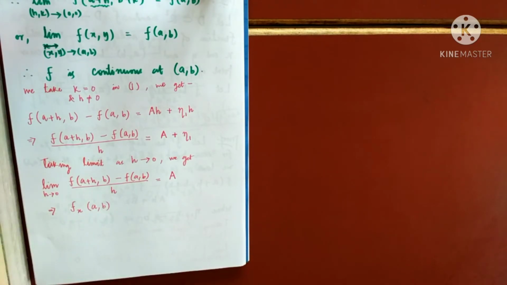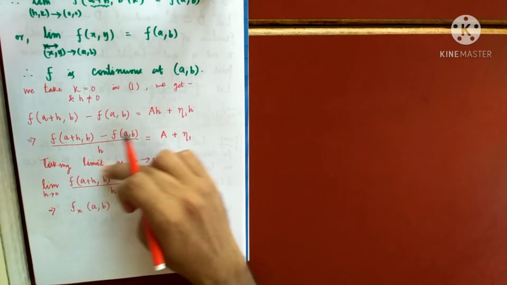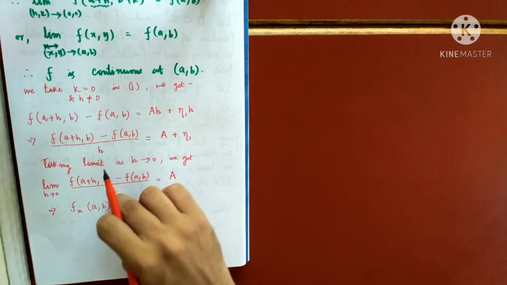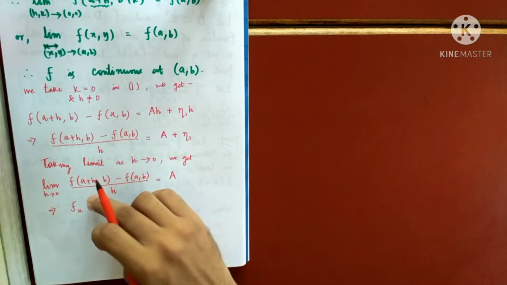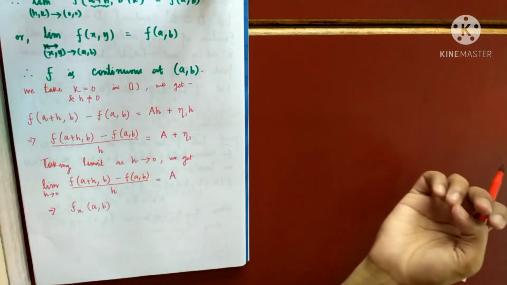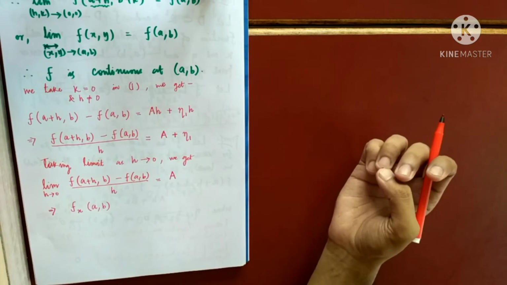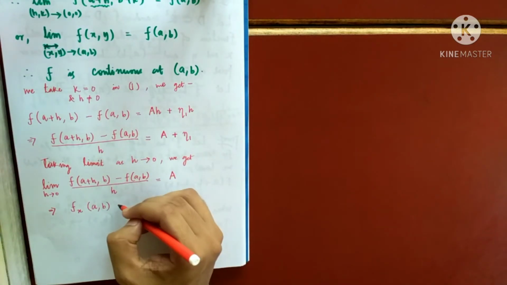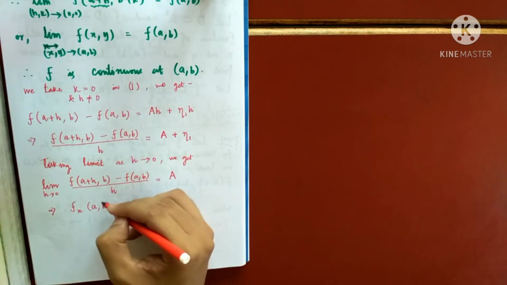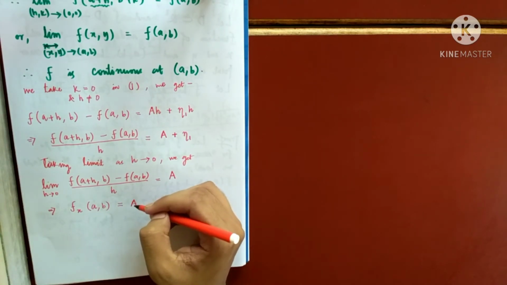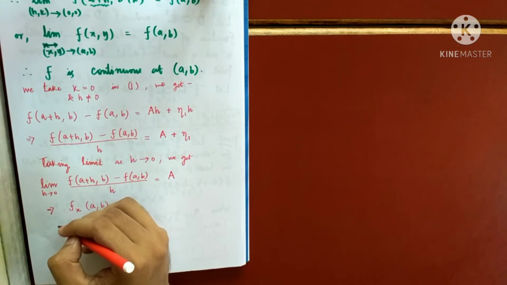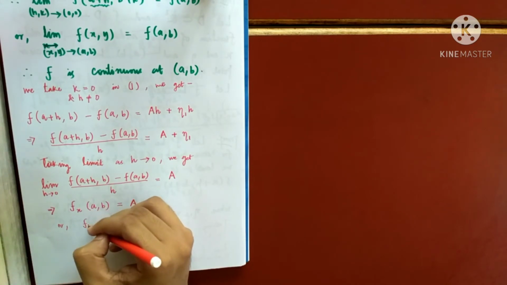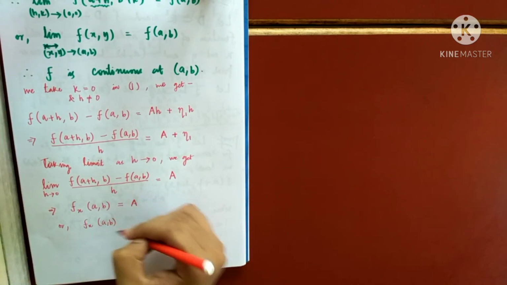Look at the definition, please don't forget the definitions. Increment in a but no increment in b, divided by h as h tends to 0. This is the exact definition of the partial derivative of the function with respect to the variable x at the point a comma b, which exists because this is a finite number. So in simple words, fx at a comma b exists.